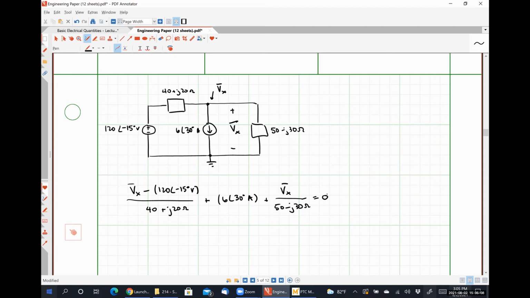If I put this in the numerical solver of my TI calculator, it will give me an error because it can't solve that one equation, one unknown thing, because it has a complex number.